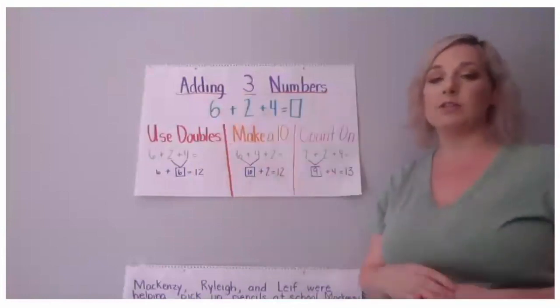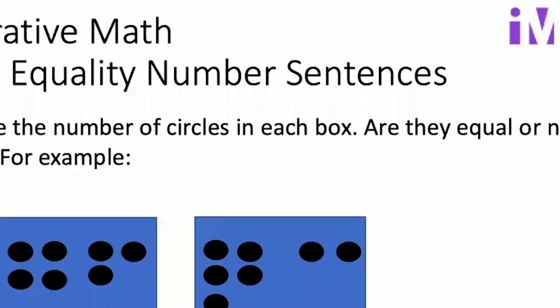Thank you, Miss Williams. And now we're going to do an activity from Illustrative Mathematics on number sentences that are equal or not equal. So, for example, we will look at how many circles are in each box and decide whether the two boxes are equal or not equal.